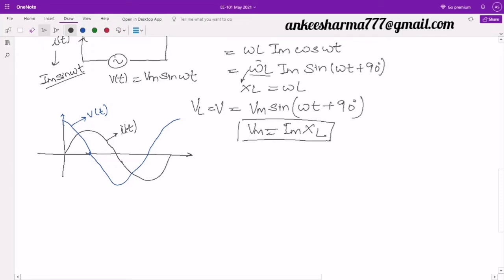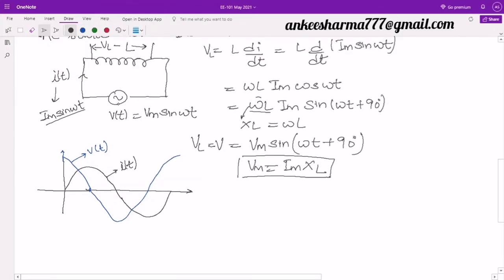Because look here, I have taken my Im sin omega t signal and I said the voltage across an inductor is equal to L di by dt. When I take the derivative, I came to the conclusion that sine is shifted, or you can say a plus 90 degree phase shift is there. So due to that plus 90 degree phase shift, my signal whatever was there at 90 degrees earlier is now at 180 degrees.